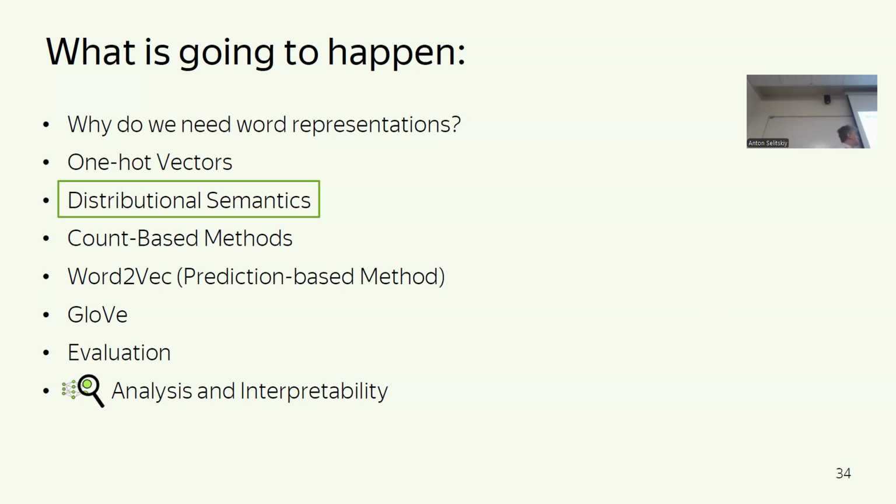But as you know now, everybody uses neural networks, though they're less explainable. So if you want explainability for your project, you may still use count-based methods. But I think in 1-2 years, maybe everybody will use neural network methods. So how do we better represent words with count-based methods and neural network methods?